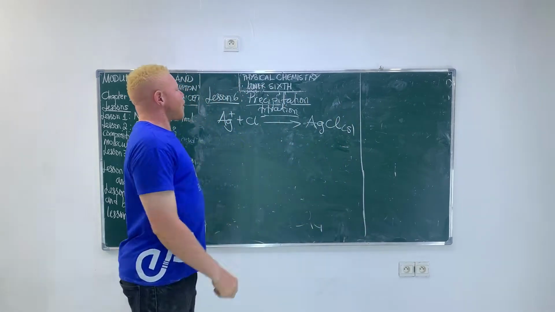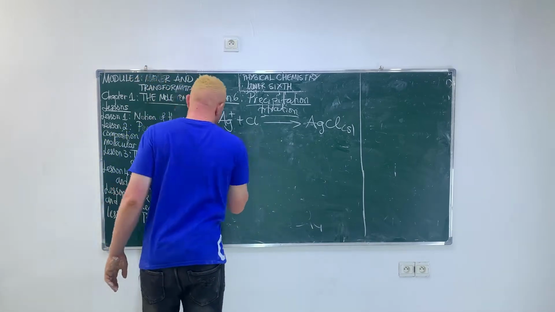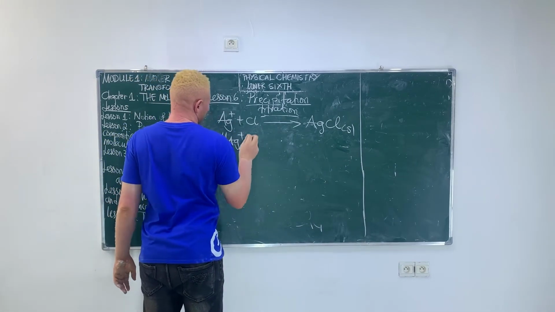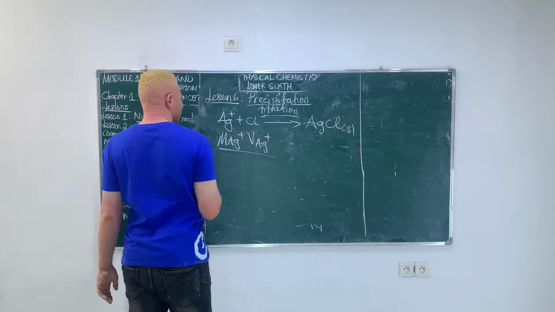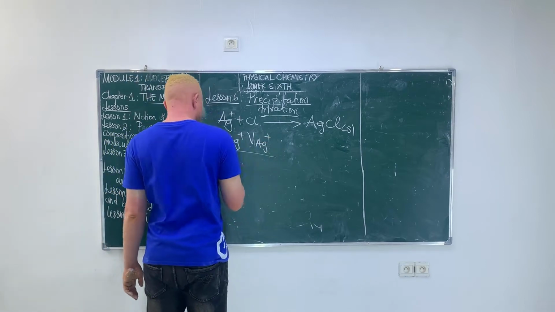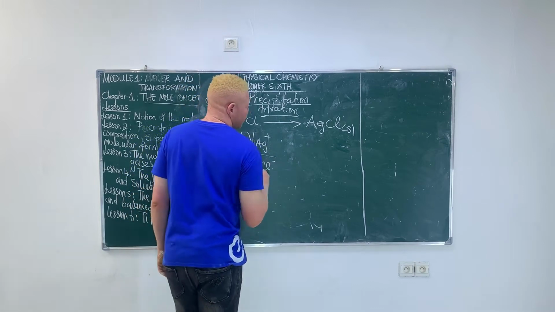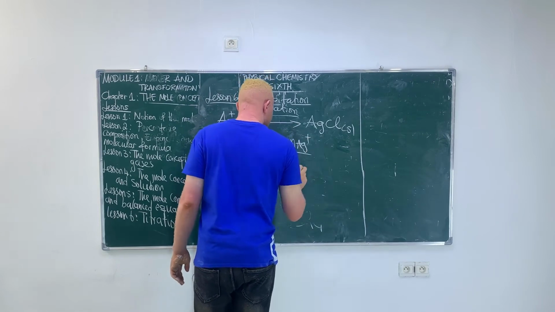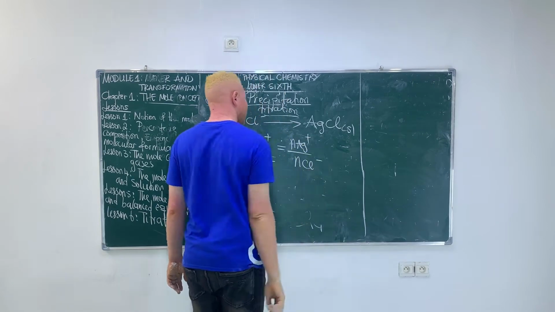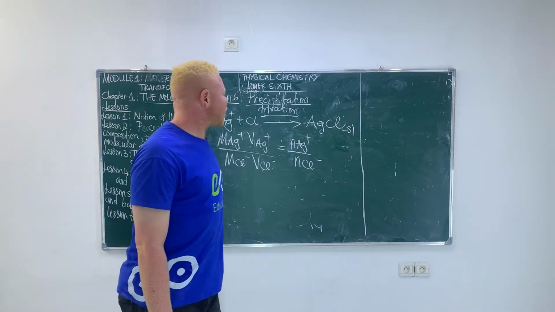So in this case, our mole ratio will be the molarity of silver times the volume of silver, divided by the molarity of Cl- times the volume of Cl-, equals N silver divided by N chloride. We're going to take a typical example here.